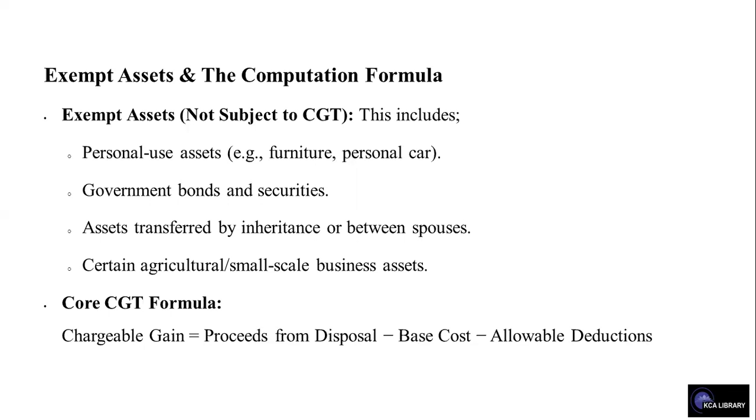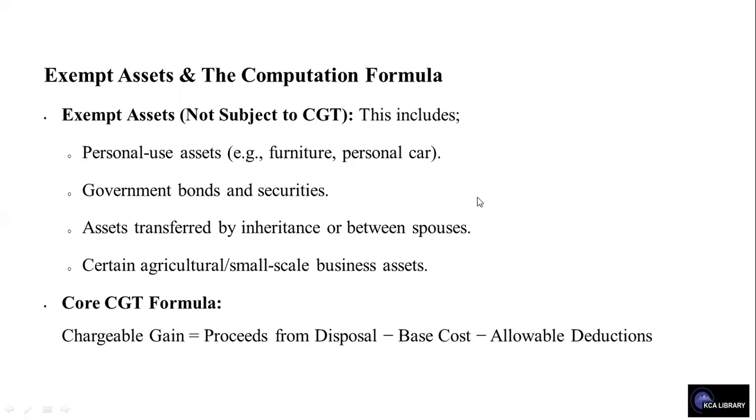Another is government bonds and securities, and another is assets transferred by inheritance or between spouses, and lastly, certain agricultural or small scale business assets.